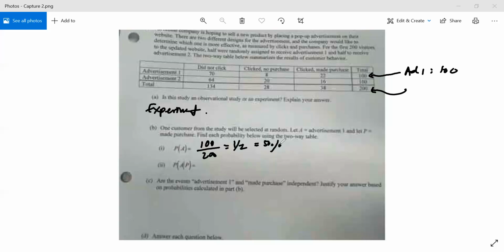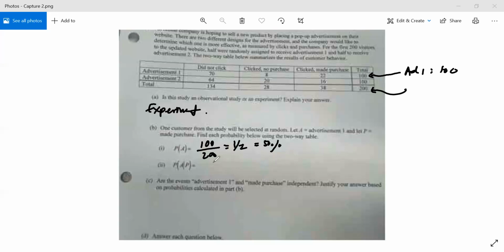Now to find the other one, the probability of advertisement given purchase, I will first look at add 1 and then divide that by the purchase total.